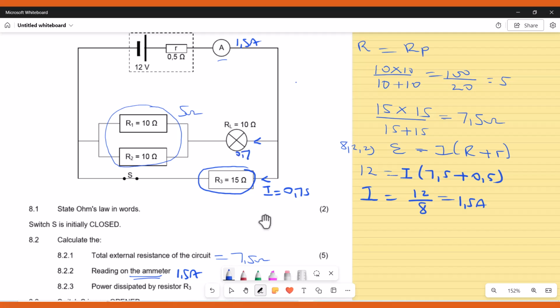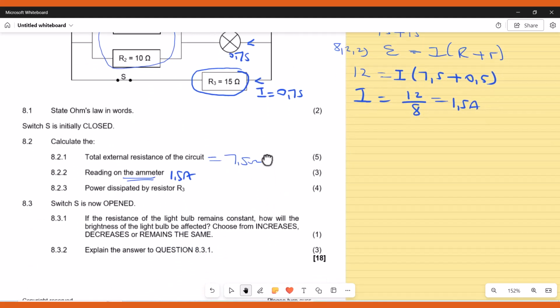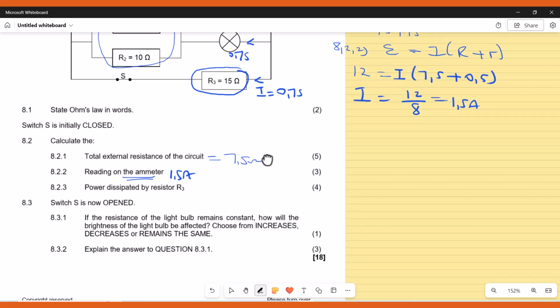Because of this, I know the resistance and the current, and I can find my power. What do you know about power, guys? How do you find it? Depending on the available information, in this case we are going to use power equals I squared times resistance.